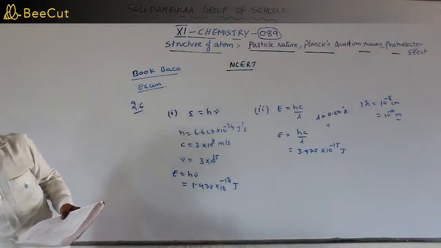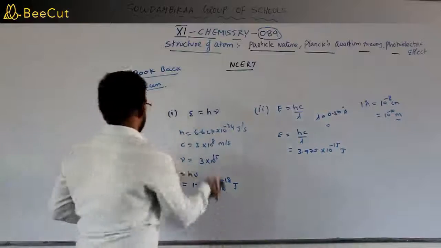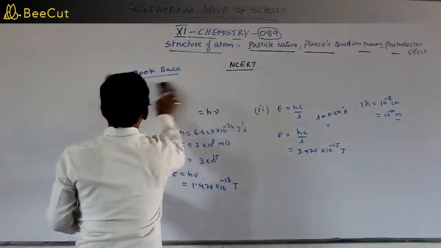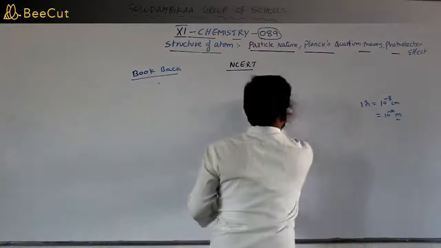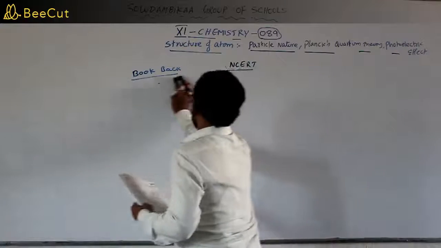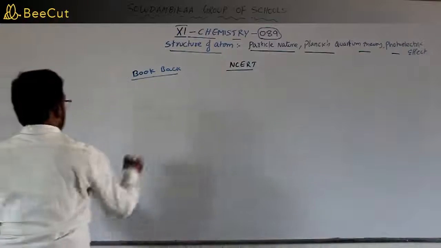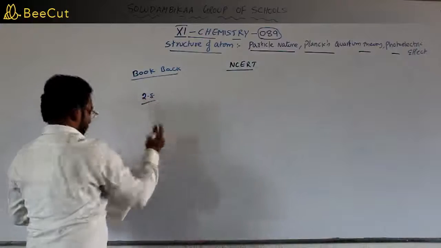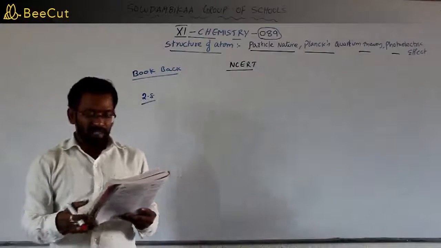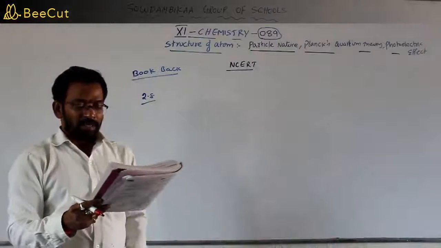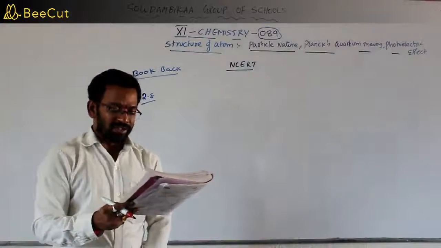Next, question number 2.8. What is the number of photons of light with a wavelength of 400 picometer that provide 1 joule of energy?